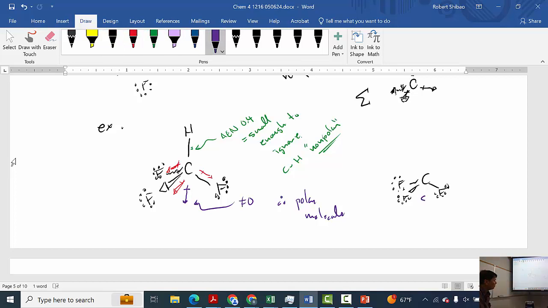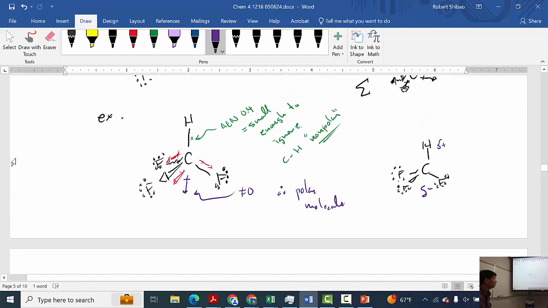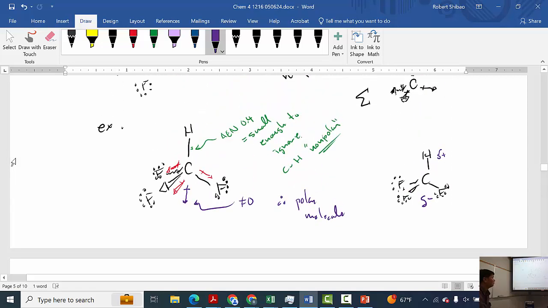The end with the 3 fluorines here is going to end up being negative. And the hydrogen end is going to be the positive end. That would be it.